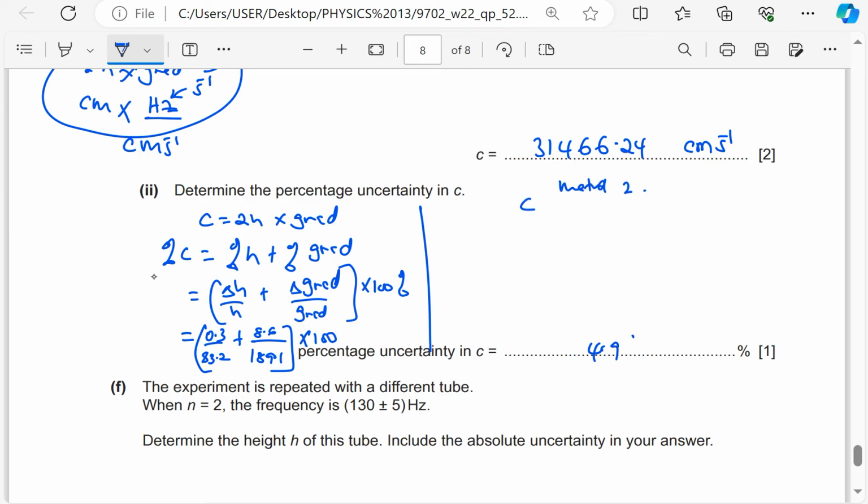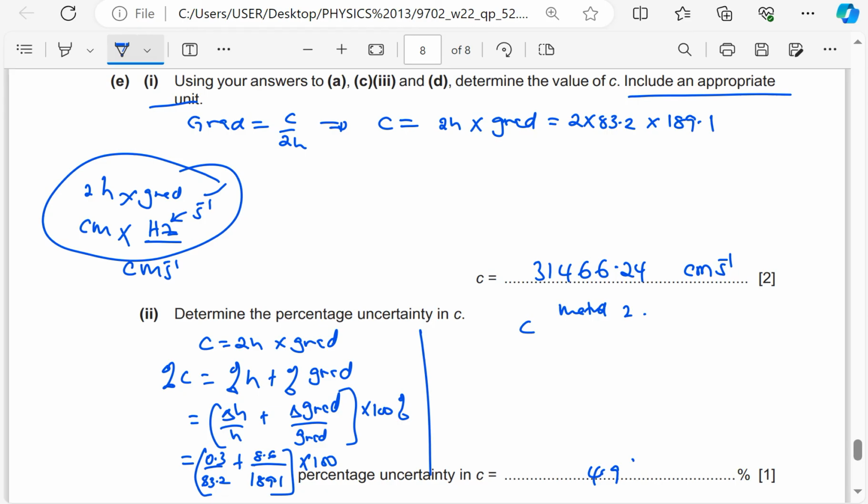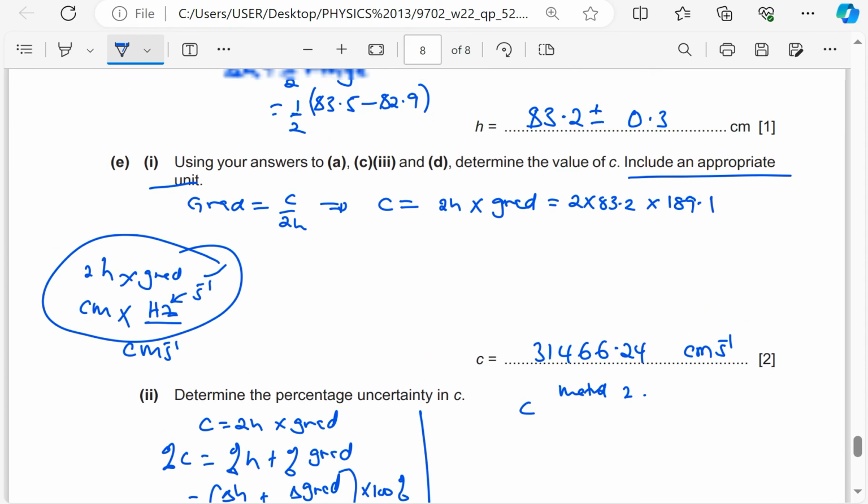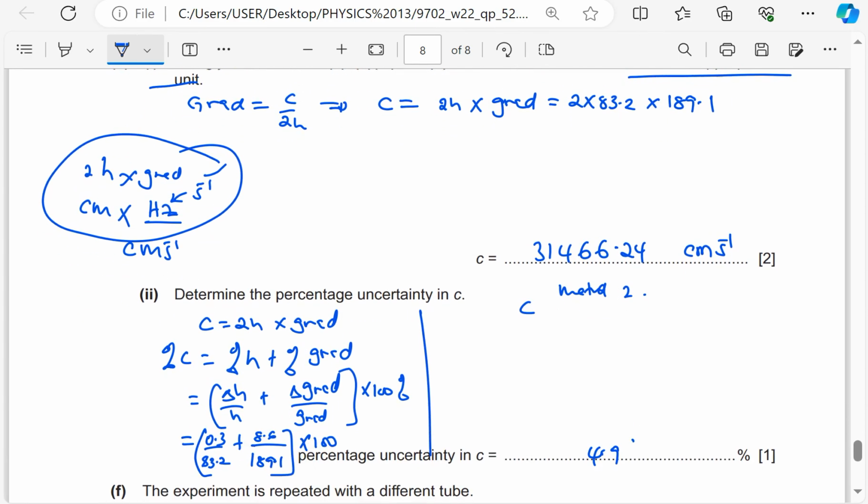Method 2. I've got C using the best value, the best gradient. I could also find C using the worst gradient. So C for the best value is 31466.